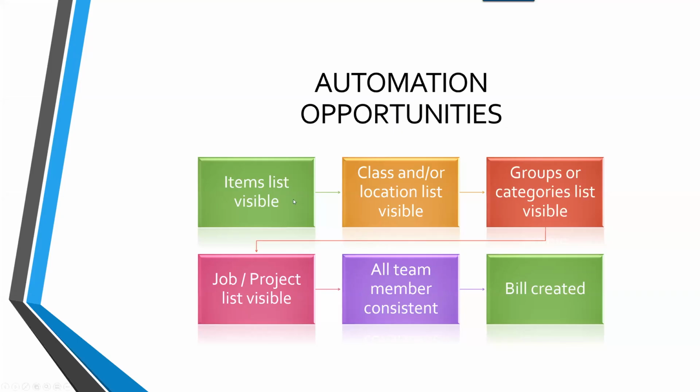So making sure that your item list is visible, making sure that you've got your classes and locations and groups and categories. These are all things that might be important whenever you're entering your bill coding. And so all of these factors need to be documented in order to be able to ultimately create the reports that you're looking for. And so all things lead to good management decisions based on good reports.